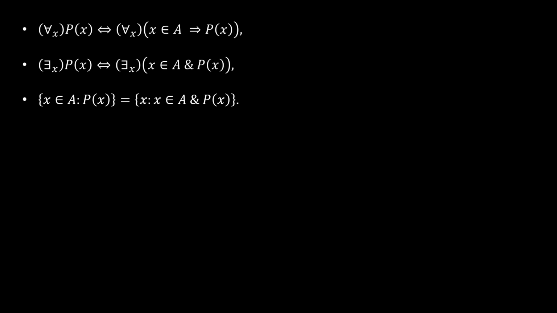And the existential quantifier, there exists an x such that p(x), is the same as saying there exists an x such that x is a member of A and p(x) holds. Using this set formalism, x is a member of A and p(x) is true means x is a member of A, and at the same time p(x) holds. So it's an AND relationship.